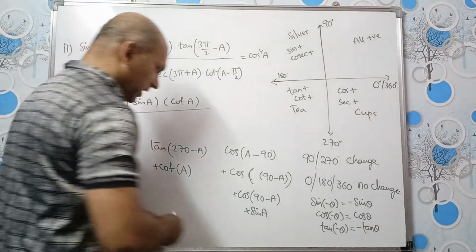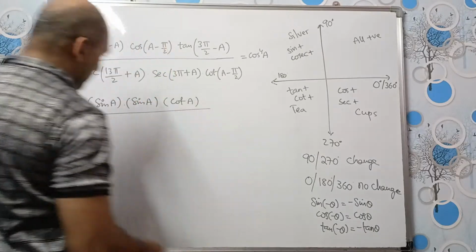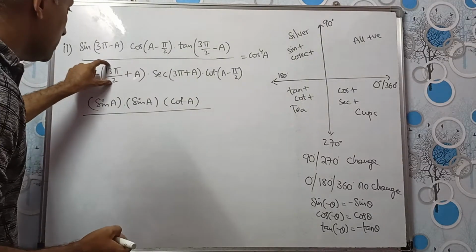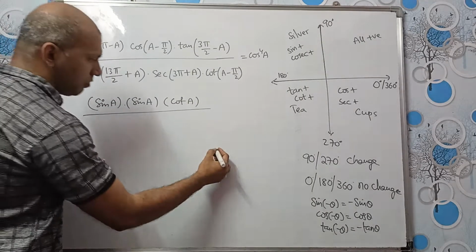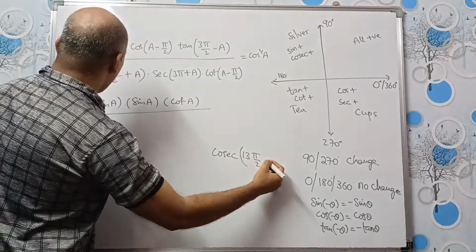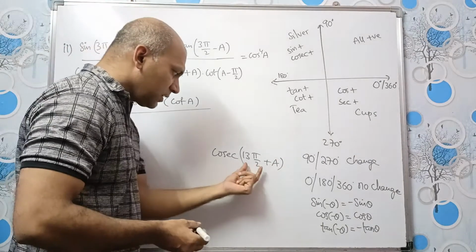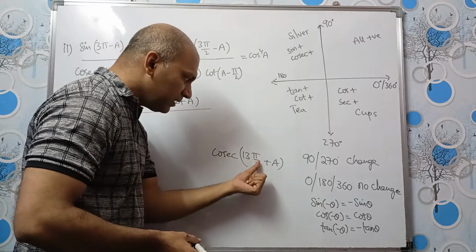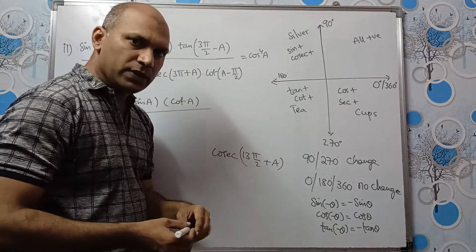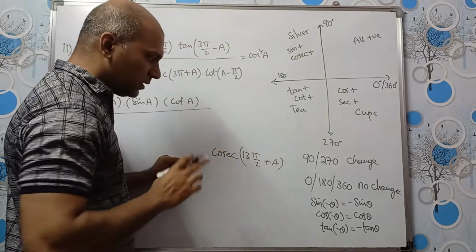So this part is plus cot A in fact, divided by, let us simplify this. See, cosecant(13π/2 + A). Now see, 13 multiplied by 90, you can do that, because π/2 is 90 degrees.